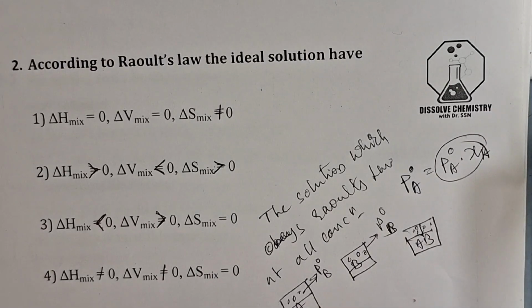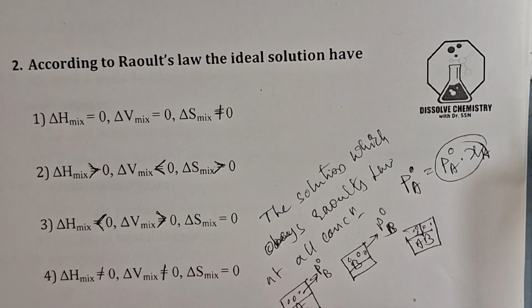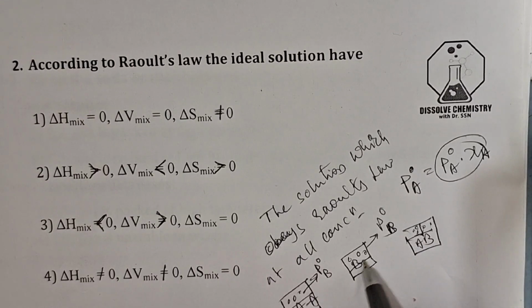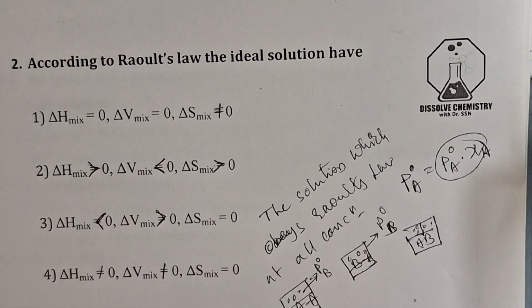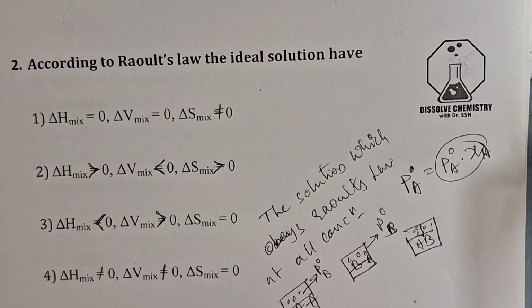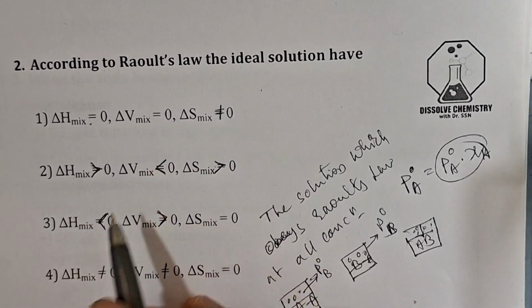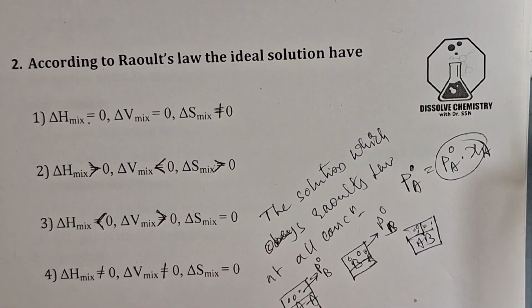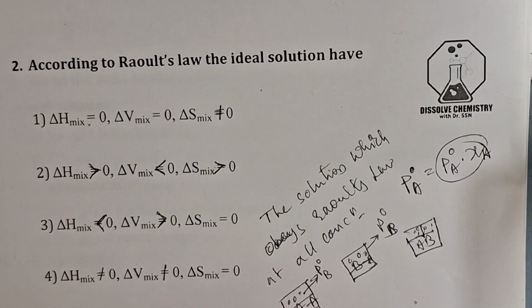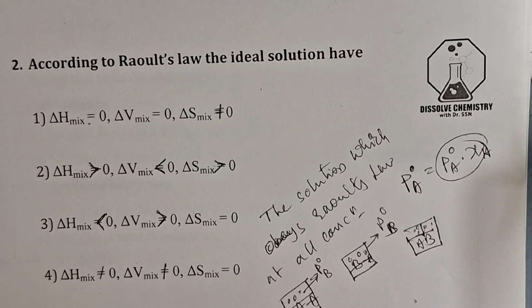If the interactions between A and B in the solution are as good as those between A in the pure state and B in the pure state, then it acts as an ideal solution. Therefore for an ideal solution, the enthalpy of mixing and the change in volume are always 0, and the entropy of mixing, you should always remember, is not equal to 0.